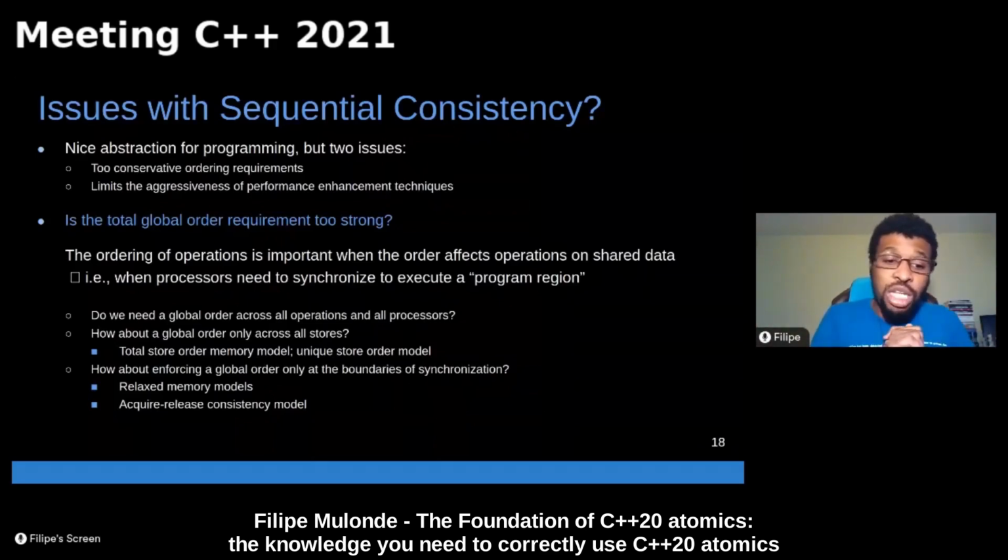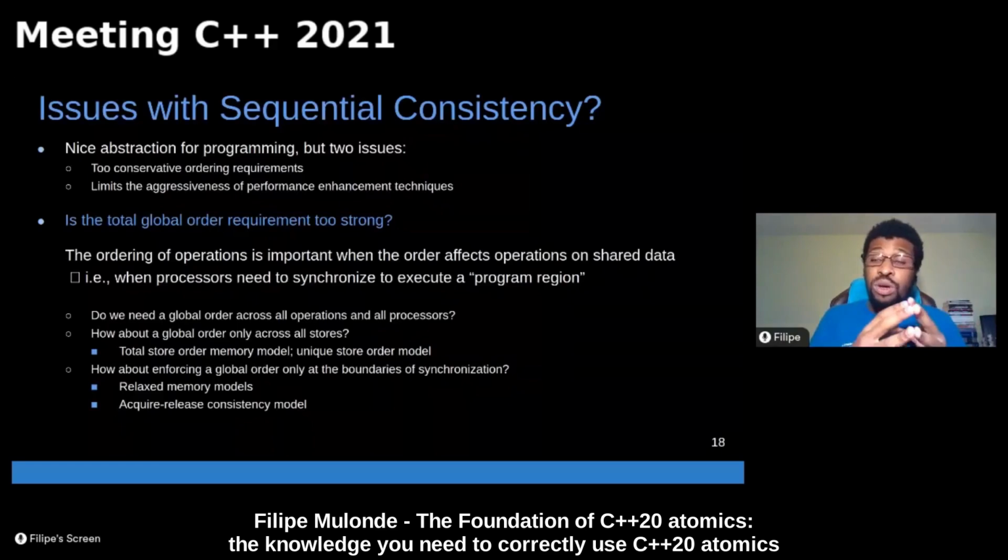So it raises the question, how about a global ordering only across stores, like the total store order memory model, for example, that is used in x86 architecture? Or how about enforcing a global order only at the boundary of synchronization, like the acquire and release consistency model, for example?